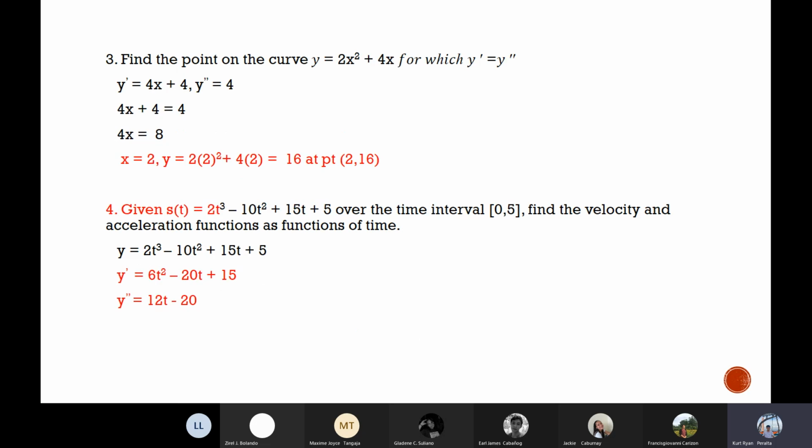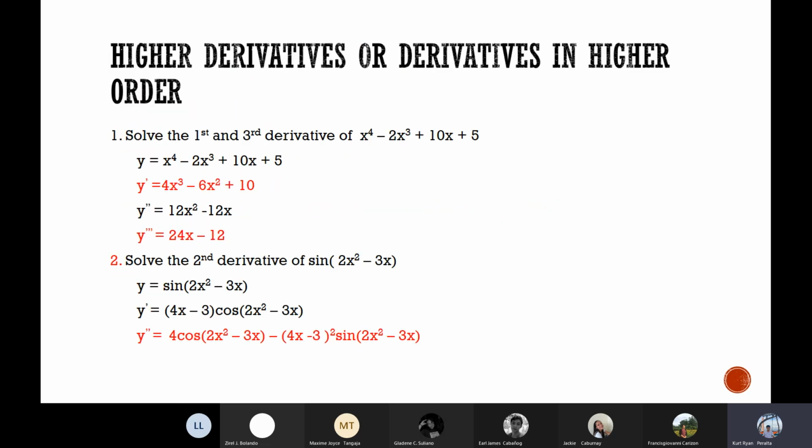So I have here five problems on higher derivatives. First, solve the first and third derivative of the function x to the fourth minus 2x cubed plus 10x plus 5.